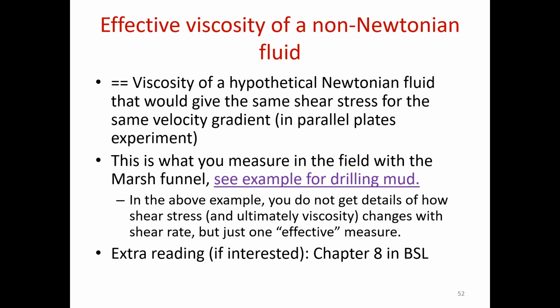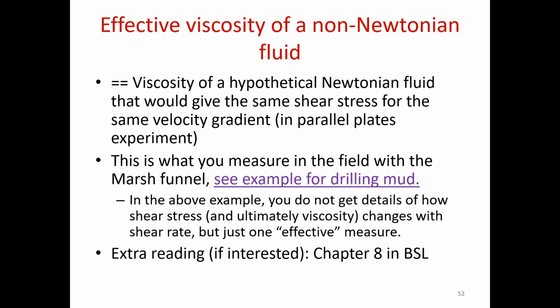In that sense, we talk about it as effective, and the definition is that effective viscosity is the viscosity of a hypothetical Newtonian fluid that would give the same shear stress. But that's fixed only for the shear rate, and the moment you change the shear rate, effective viscosity changes. Okay?